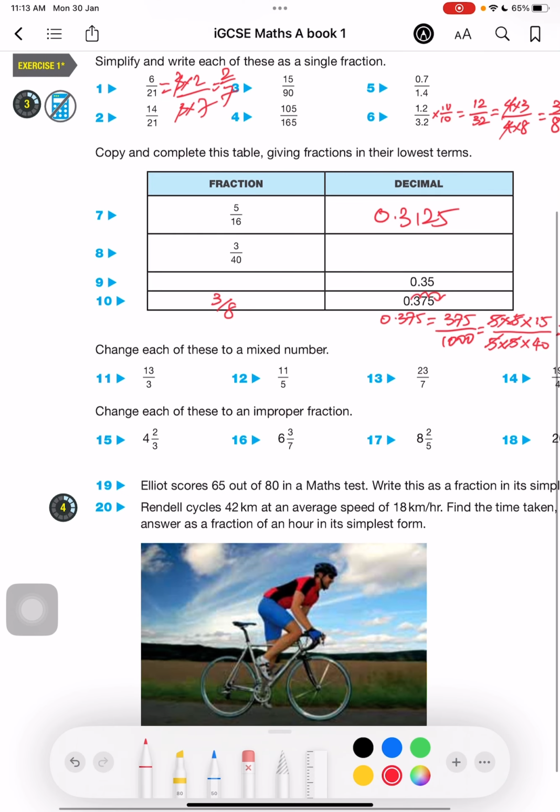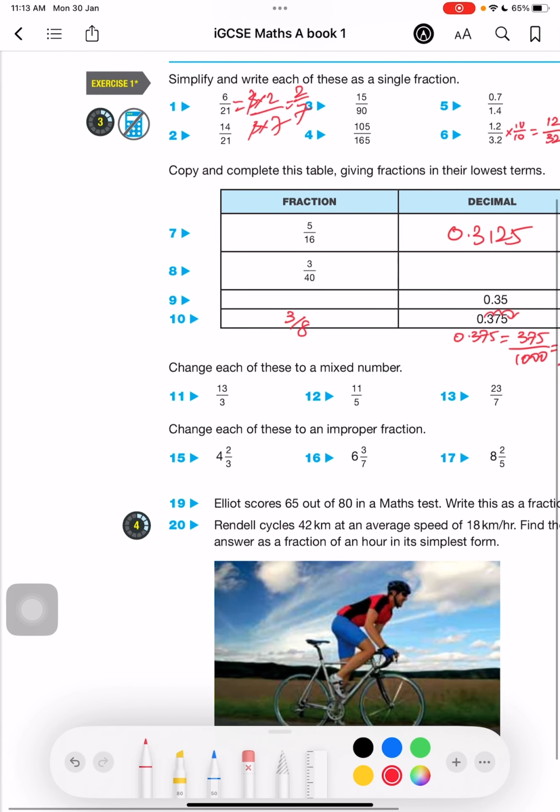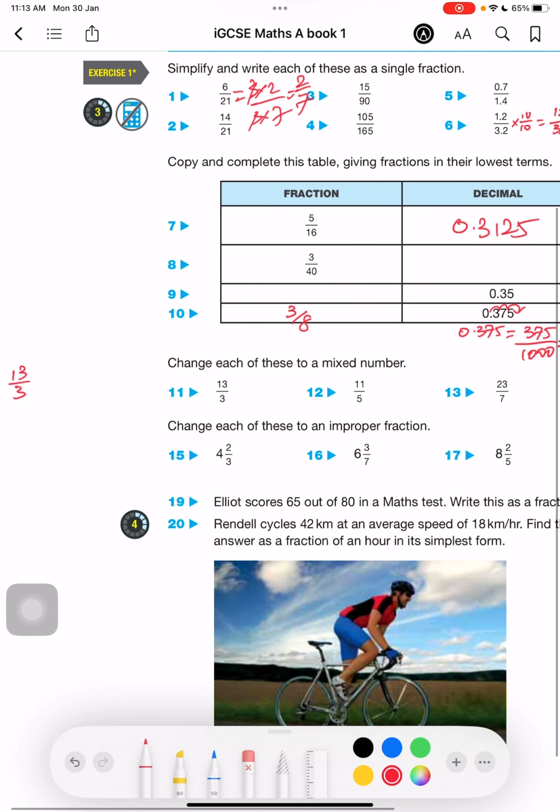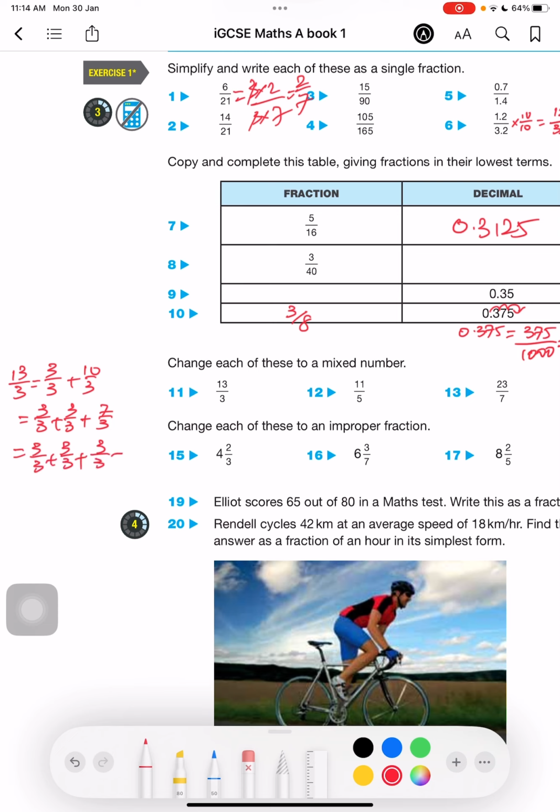So in this case, mixed number, we have 13 over 3. So 13 over 3, we can basically split it up into a few. So 3 over 3, this gives you 10 over 3, which therefore gives you another 3 over 3 plus 7 over 3, which gives you another 3 over 3 plus 4 over 3, which gives you another 3 over 3, and remaining 1 over 3.